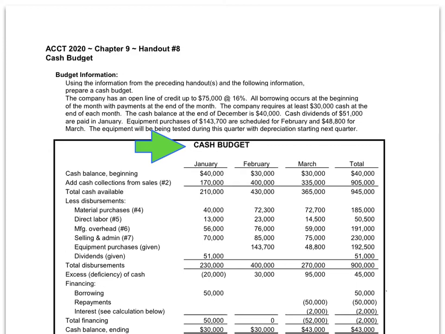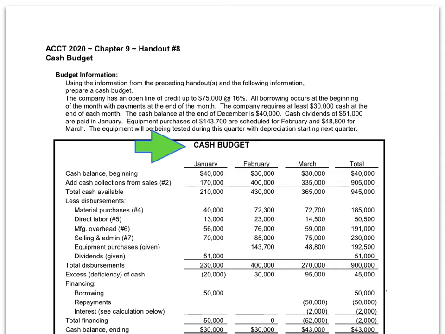Okay, so when we start our cash budget, the way we do this is pretty much you have to do a column at a time. You can't be going all the way across. Beginning cash balance was given of $40,000. We add our cash collections from sales, which was from the sales budget. At the bottom half of that, we had our cash collections from sales.